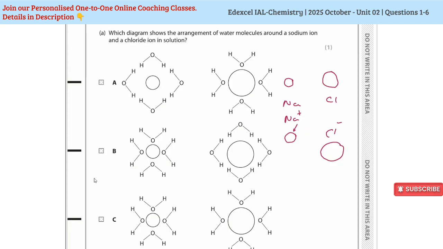Therefore, the large circle is always chlorine, the small circle is sodium plus. So the small circles should always interact with the negative end of the water molecule's dipole. Therefore, oxygens should interact with sodium.